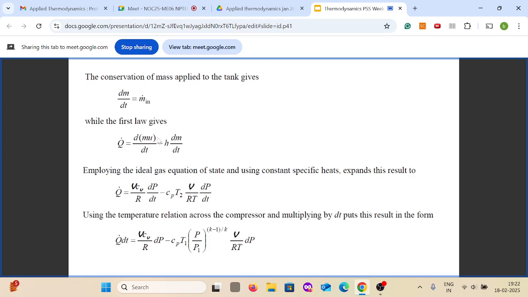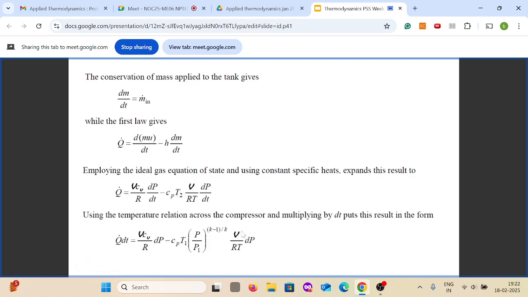So substituting the ideal gas equation, u is CvT. So substituting T as PV by R, I get V Cv by R dP/dt minus Cp T V by RT dP/dt. So using the temperature relation for the isentropic compressor, I know temperature at T2.